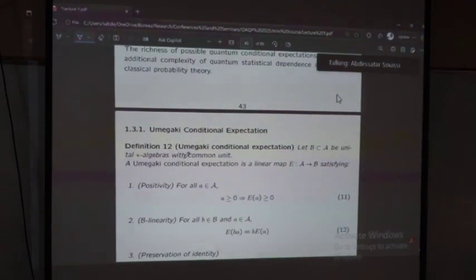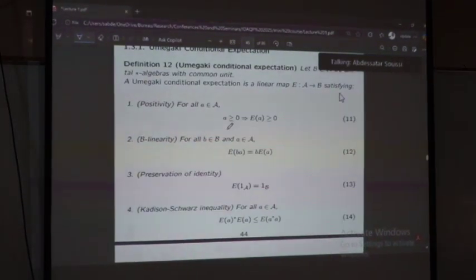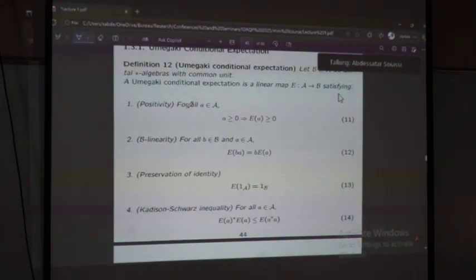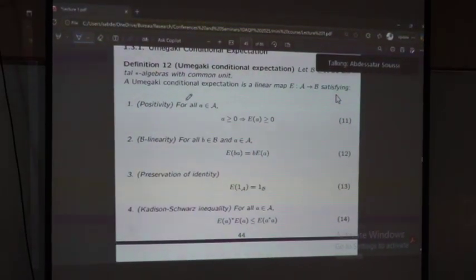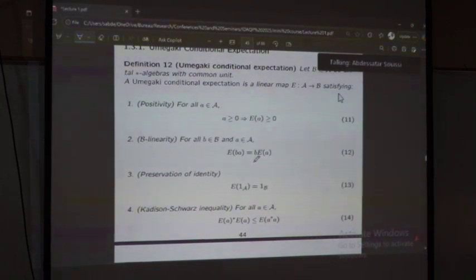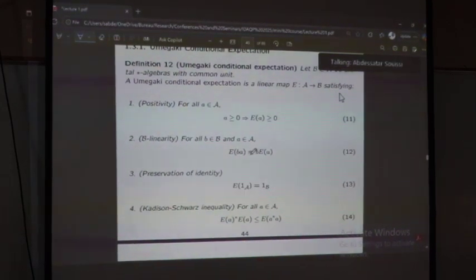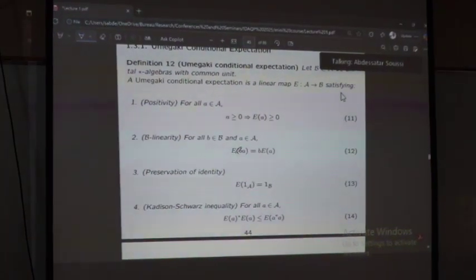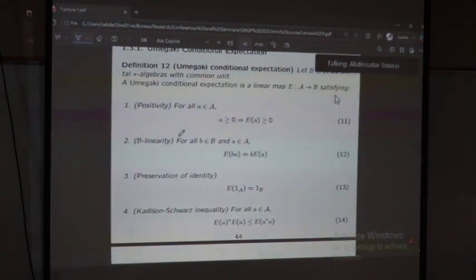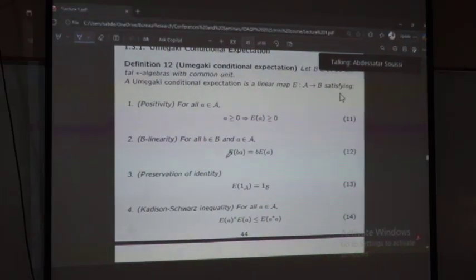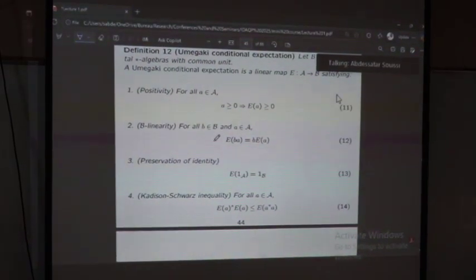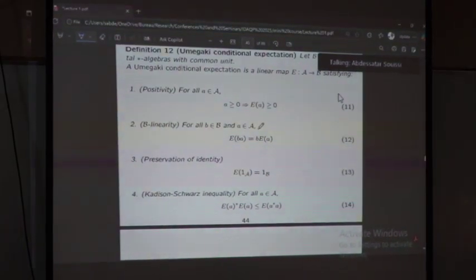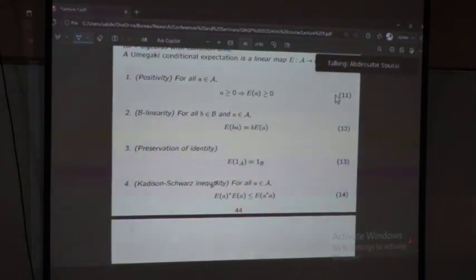algebras. It is defined through these properties, which, as you can see, are similar to the ones stated in the classical case. They are positive maps, and they satisfy this condition, as we have seen in the classical case, that E of BA is B E of A, for B in the subalgebra B. It preserves the identity, mapping the identity of A into the identity of its subalgebra B. And it satisfies this condition.